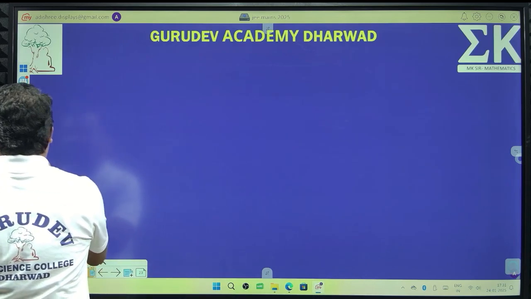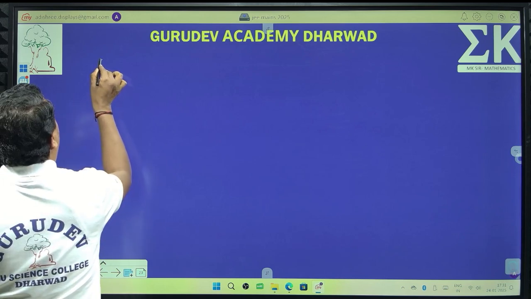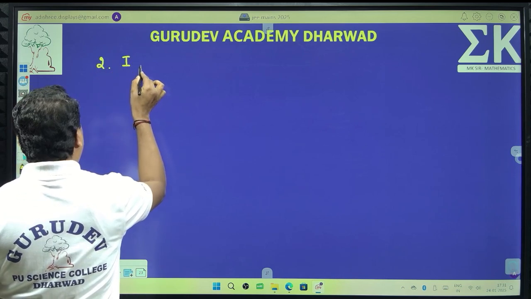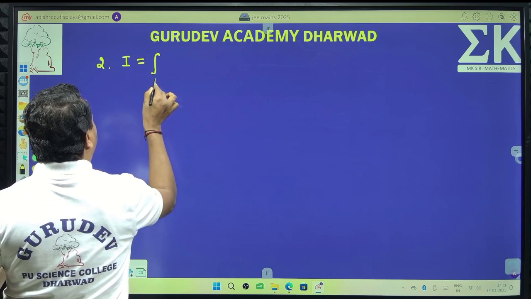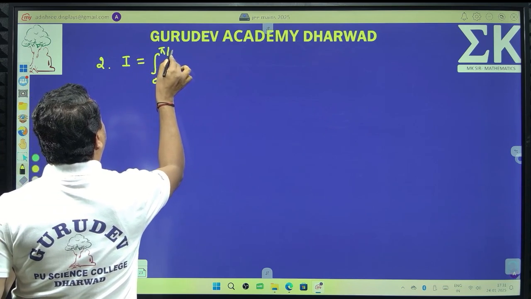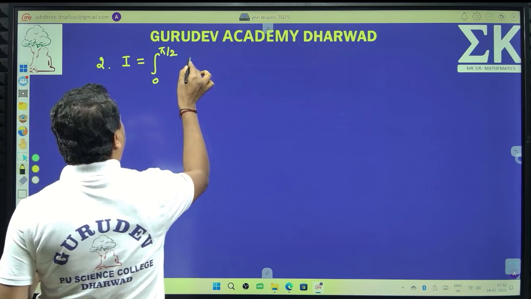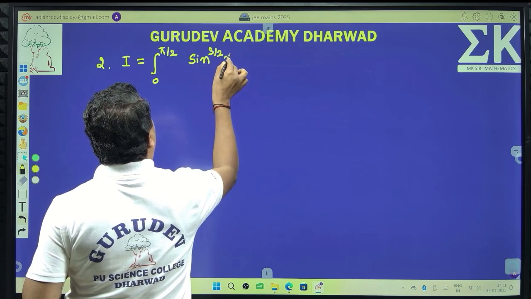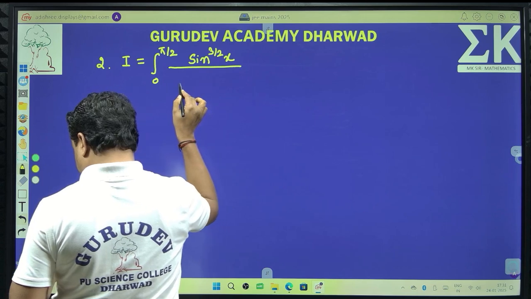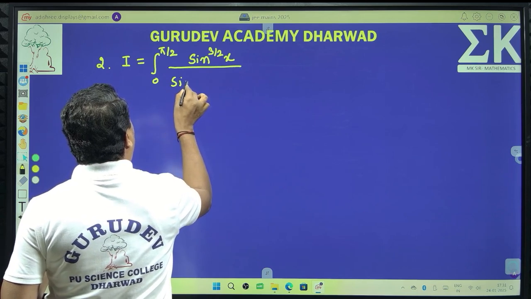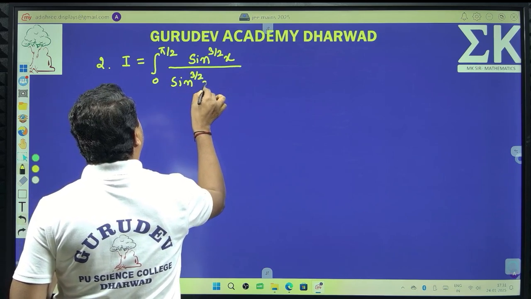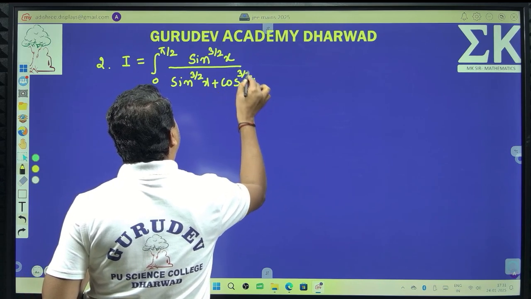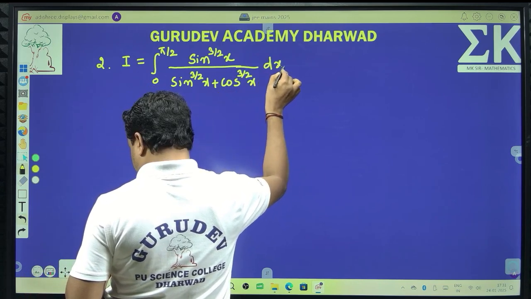The second question was on integration. I is equal to the integral from 0 to pi by 2 of sin to the power 3 by 2 x divided by sin to the power 3 by 2 x plus cos to the power 3 by 2 x with respect to x.